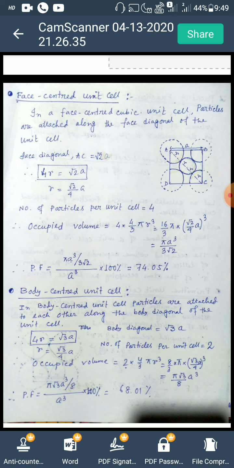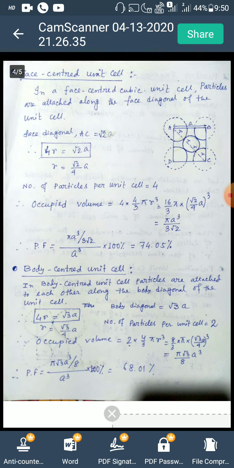This is one face of a cubic face-centered unit cell, and the particles are attached along the face diagonal of the unit cell, but not along the edges. The particles are not attached to each other along the edges, but they are attached to each other along the face diagonal.